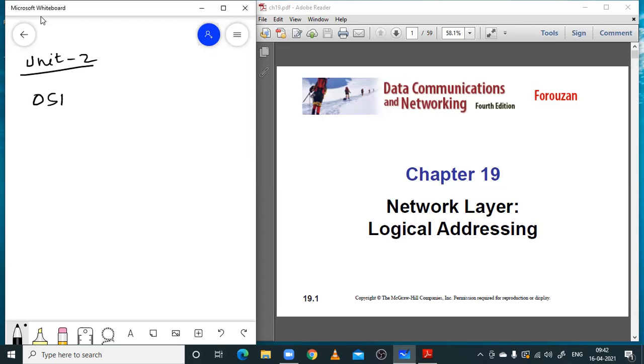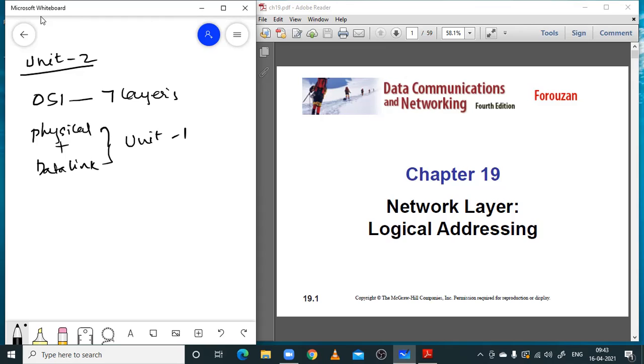We have the OSI model, in which we have 7 layers, out of which we discussed the physical plus data link layer as part of Unit 1.